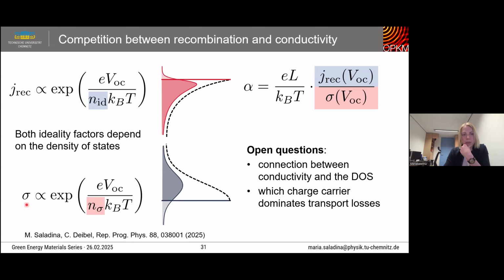So for the conductivity, we introduced the ideality factor n sigma, which we call the transport ideality factor. So for us, the question was, do we have a relation between the recombination and conductivity? And can we determine which of the charge carriers contributes to recombination and which of them to conductivity? So really by using the voltage dependence of these two ideality factors, we hope to see the connection.